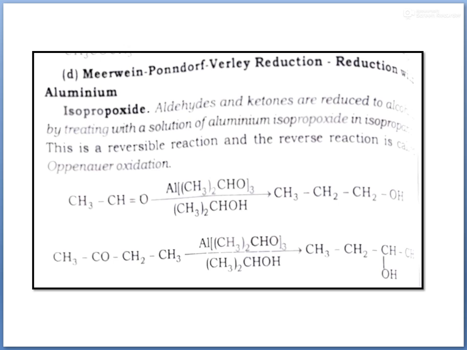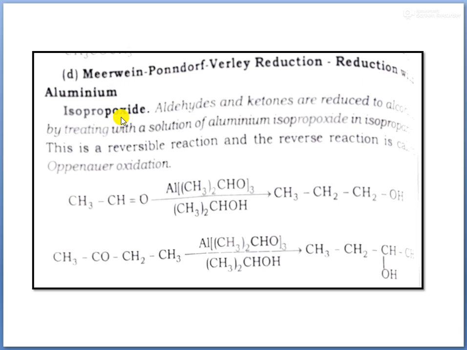Next is the MPV reduction, that is the Meerwein-Ponndorf-Verley reduction. MPV is the short form. This is the reduction of aldehydes or ketones using aluminium isopropoxide.